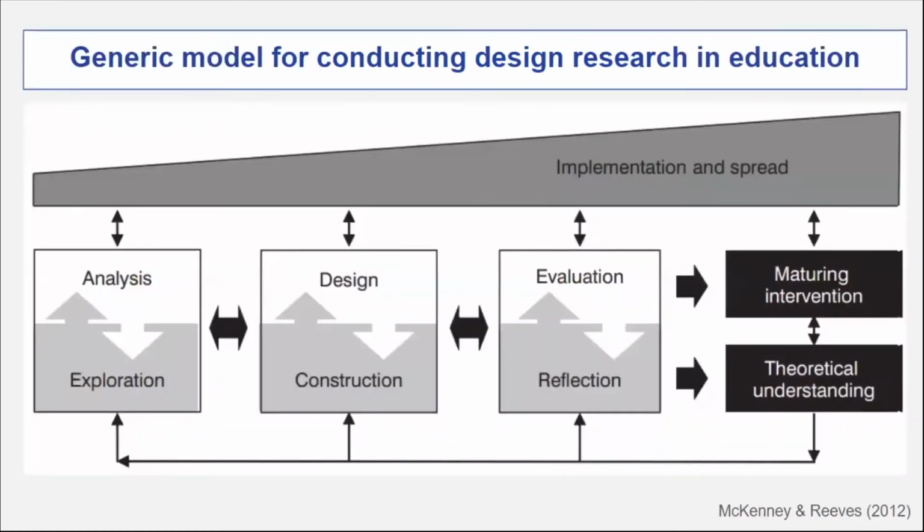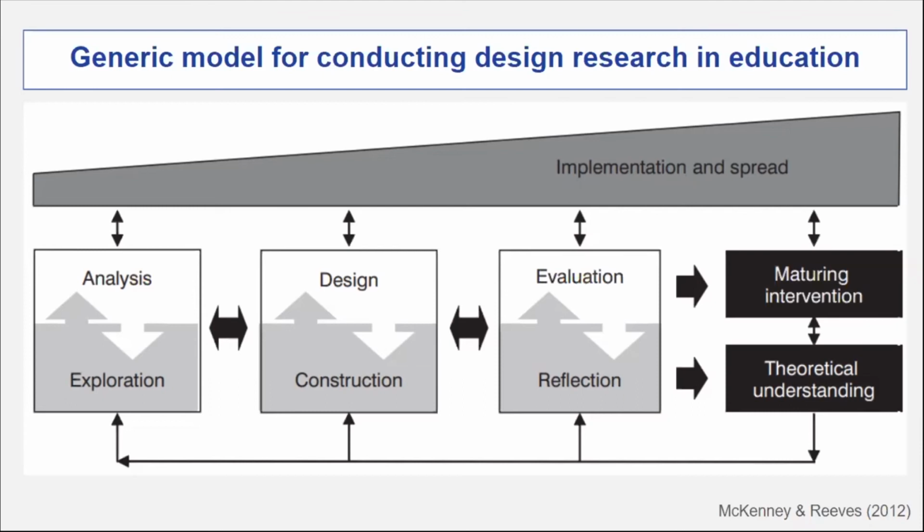Now let's focus on this model by McKinney and Reeves. There are no one-size-fits-all steps for tackling different challenges in the context of education. There are, however, processes and activities which are most often useful. I'm going to present you a repertoire, okay, so that you can select and use the most fitting approaches for your study.